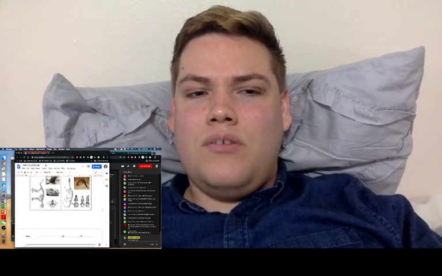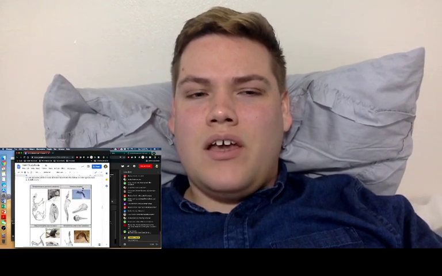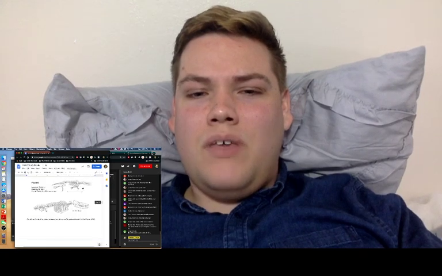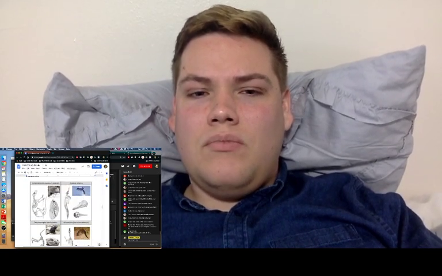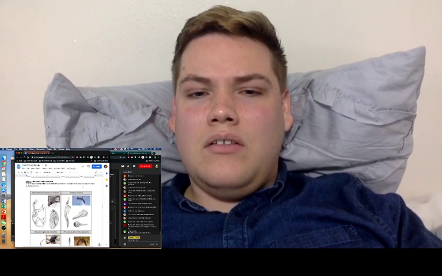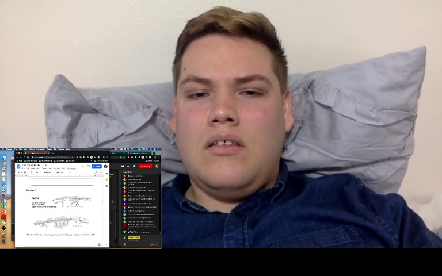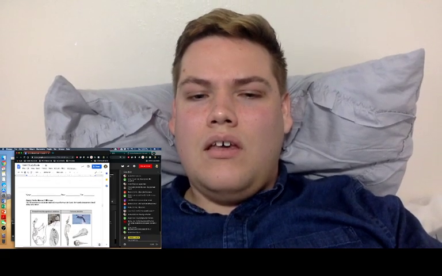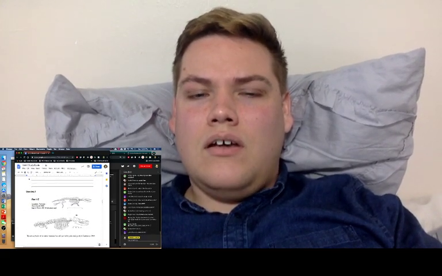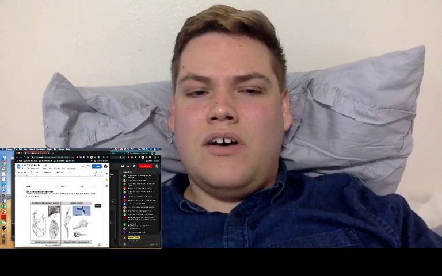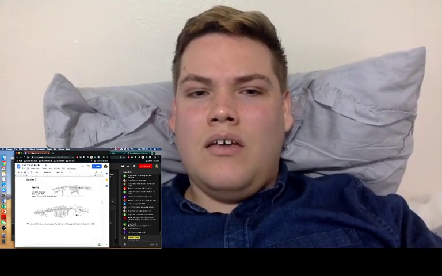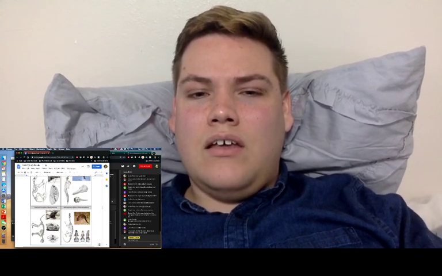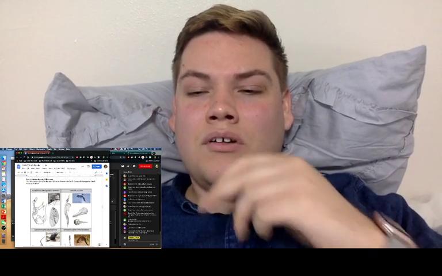For some good points to put, just like what you guys said in the chat: the shape of the skull being similar, the forelimbs of the dolphin being similar to the fossil, the tail of the skeleton being similar.